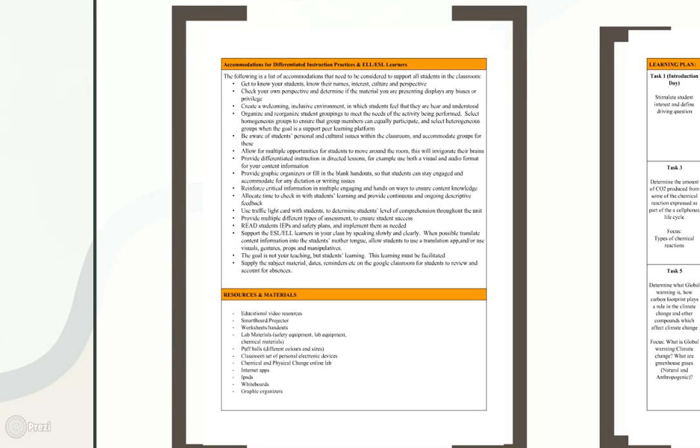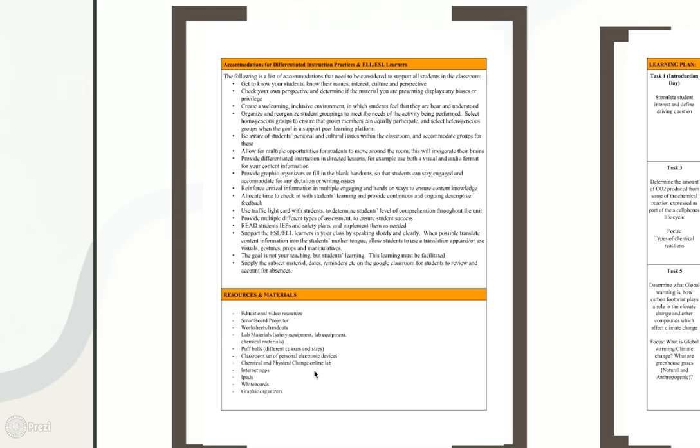And the only accommodations I really made, other than the fact that all the assignments have low floor, high ceiling, is I said support ESL and ELL learners in your class by speaking slowly and clearly. When possible, translate content information into the student's mother tongue. Allow students to use translation apps and or visual gestures, props, and manipulatives.